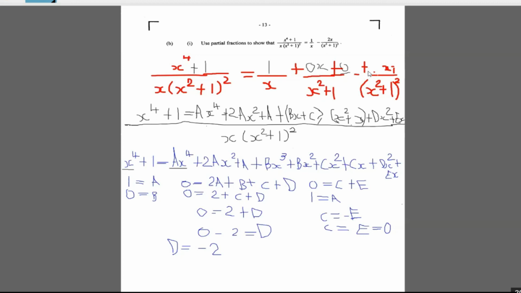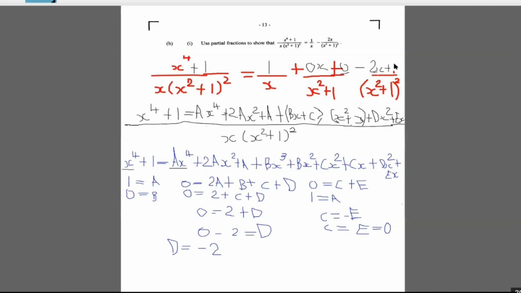Then we get plus, and we don't have to put plus because d is negative 2, so it becomes minus 2 over x plus 0.